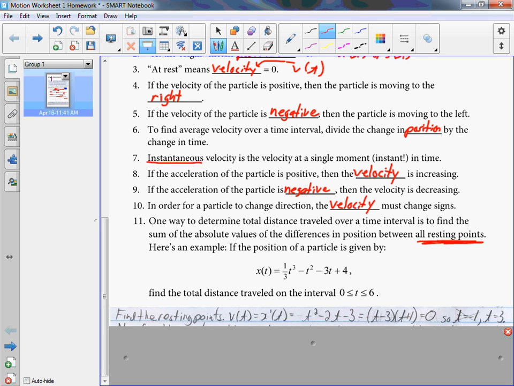So when the velocity, which is the derivative of x of t, which is, and this is an easy derivative to take, t squared minus 2t minus 3, which is also factored as the quantity t minus 3 times the quantity t plus 1, equals 0. So we find the resting points by setting the velocity equal to 0.